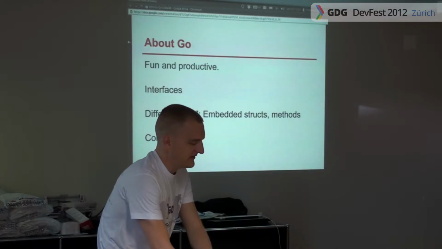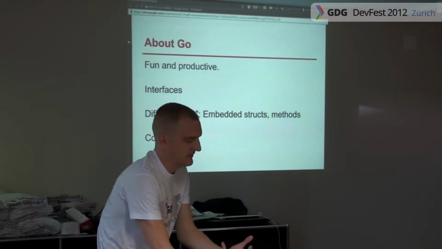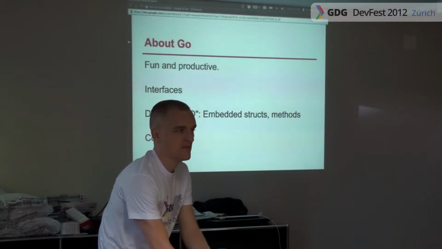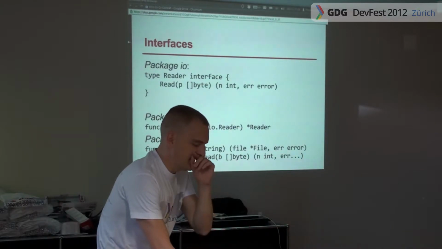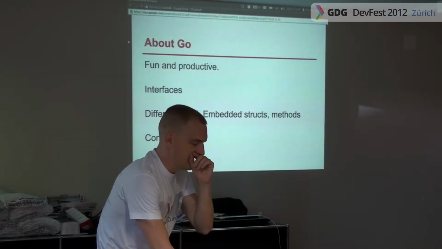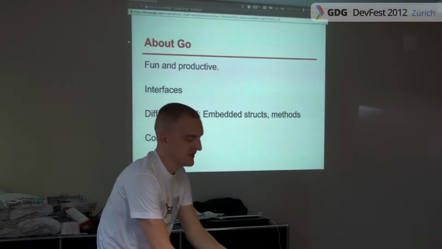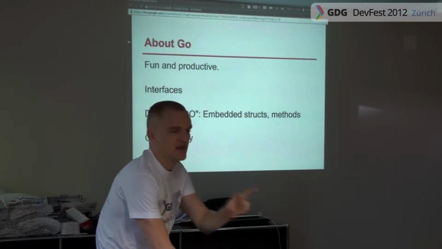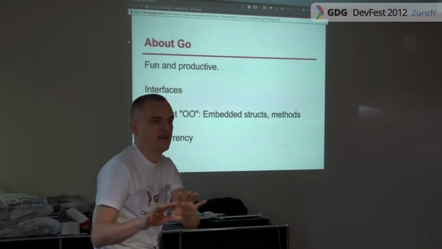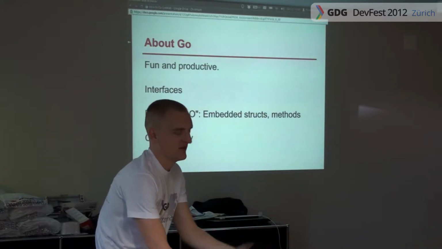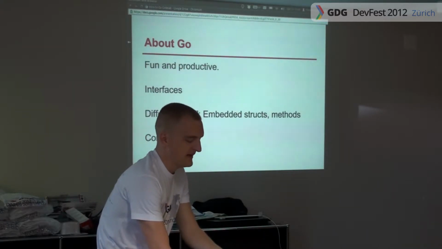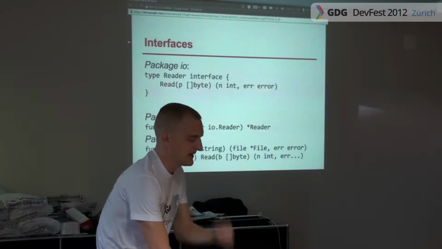So interfaces. Go has interfaces like you maybe know them from Java, but with one cool twist. You don't say "implements" such and such interface. The Go compiler figures it out automatically, and this is really a big thing in practice.